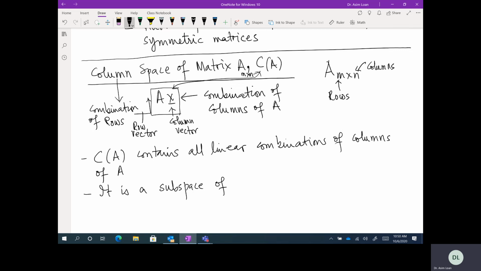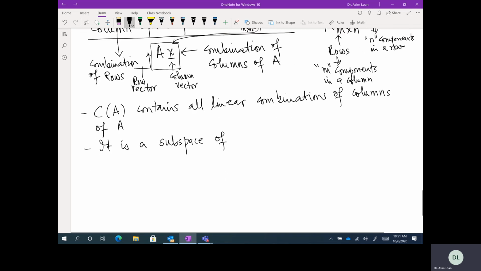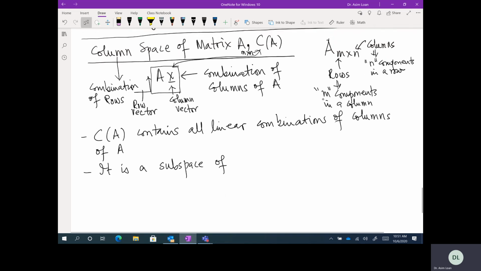So there are m components in a column, and this implies n components in a row. Okay. So obviously, since there are m components, this is a subspace of R^m.